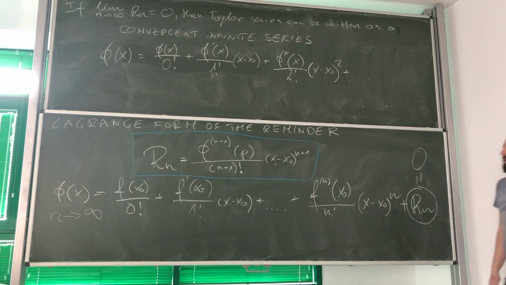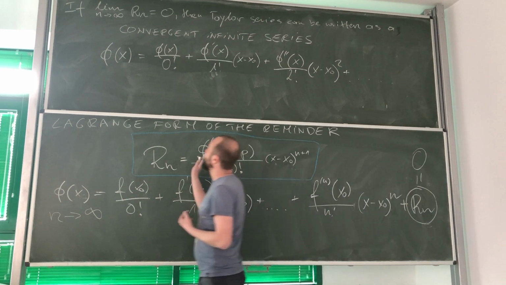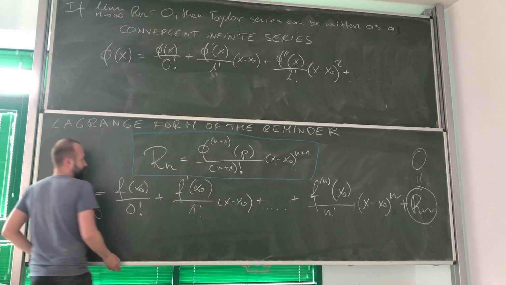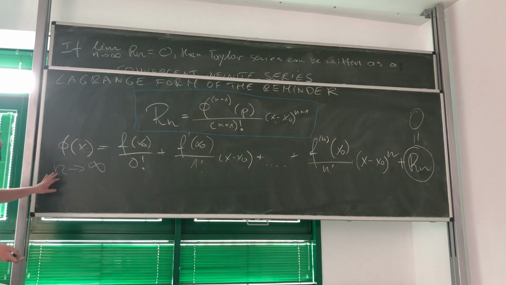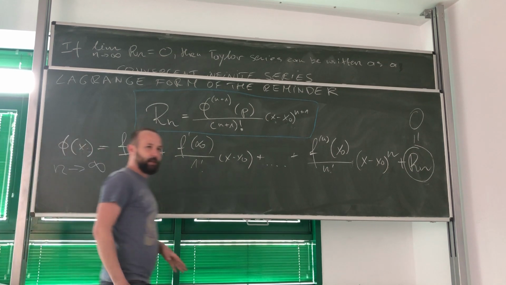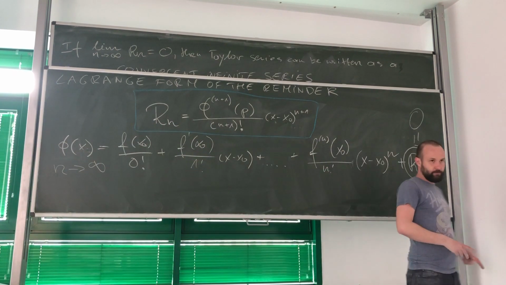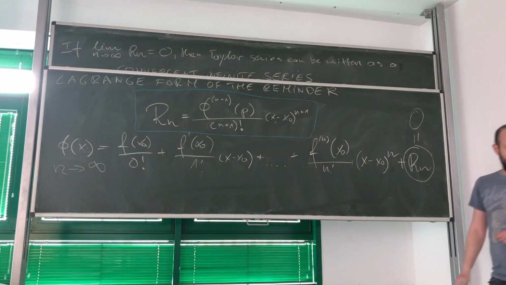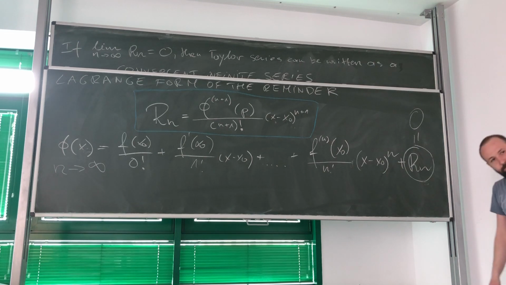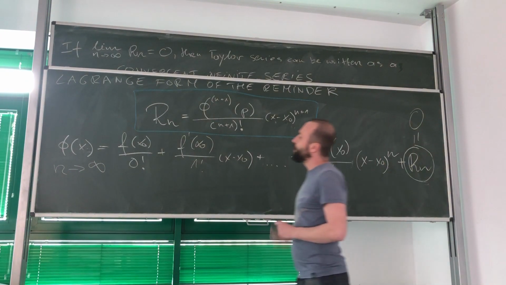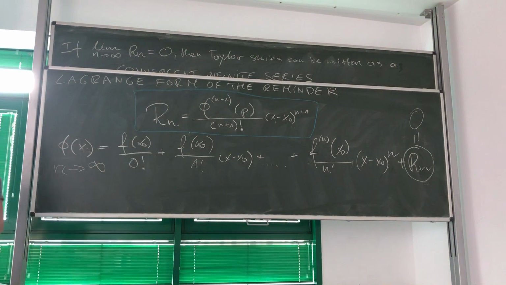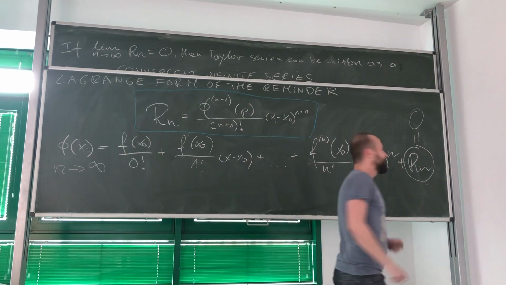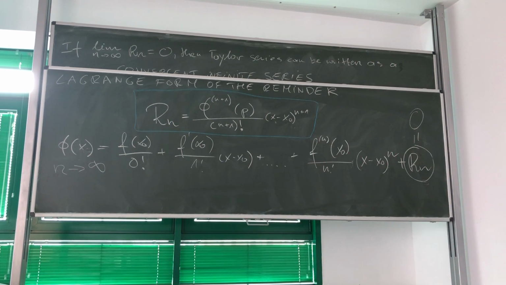So let's consider the case where we are trying to approximate one function using a second function, using our Taylor series, and we allow ourselves to have n plus 1 different expressions.